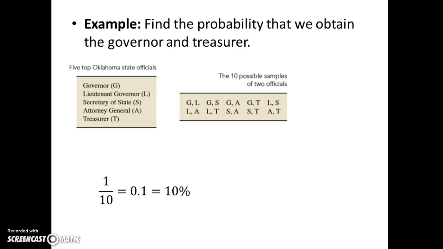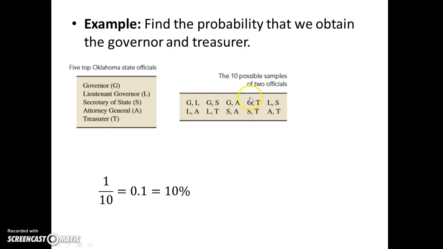And here's an example. These are the 5 top Oklahoma State officials, and the question says find the probability that we obtain the governor and treasurer. There are 5 officials, and out of 5 you will choose 2. So 5 choose 2 is a combination, and the number is 10.